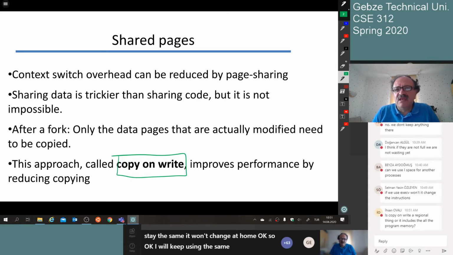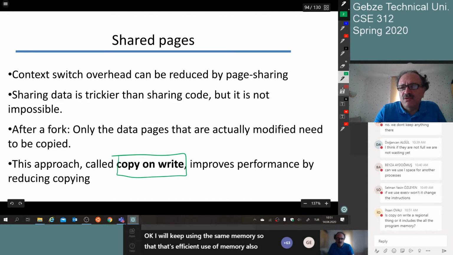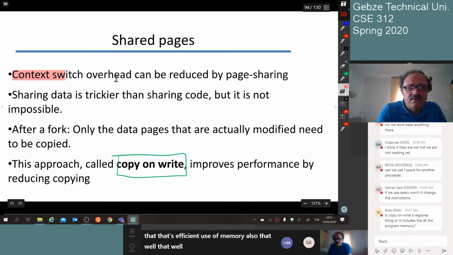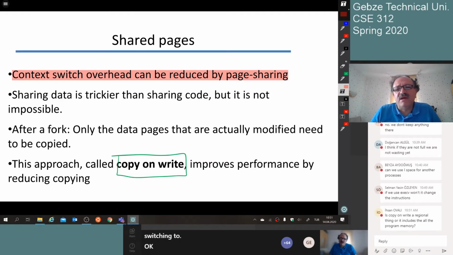That's efficient use of memory. Also, that will lower the cost of context switching. Why? Address spaces between two processes are different, but if most of it is the same, then context switch time will be shorter.